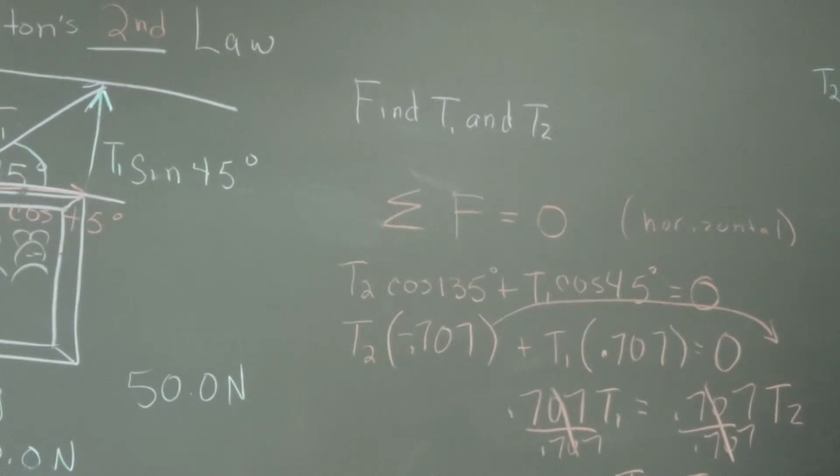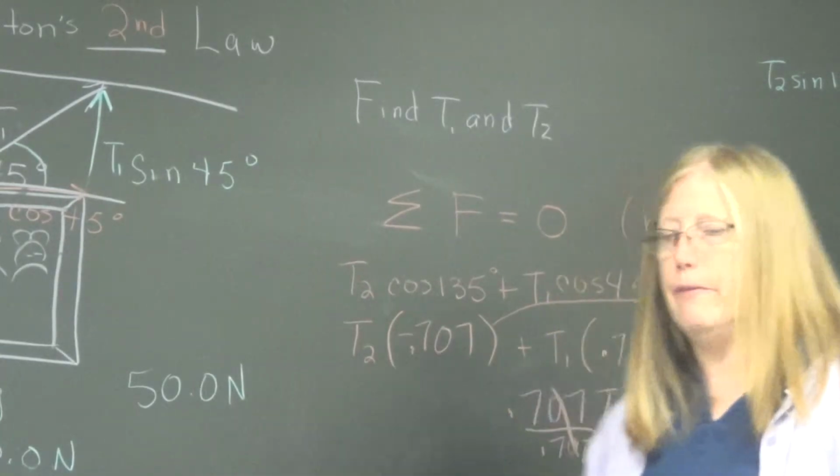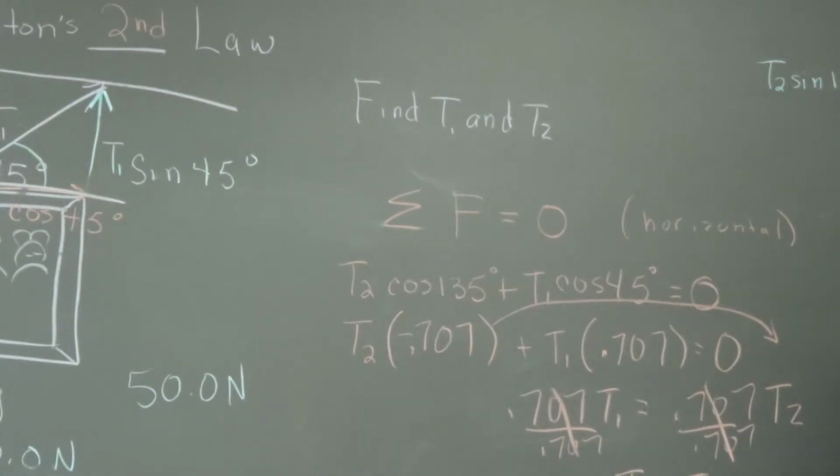I'm going to start over here a little so I can fit it on one line. T2 sine 135 plus T1 sine 45 minus the weight, 50. So I'm just going to put minus 50 equals 0. You see there are 3 forces that I have to add together on this one.